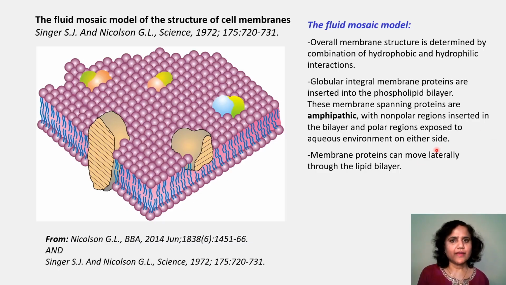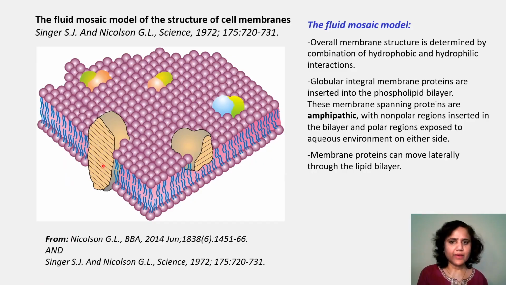The fluid mosaic membrane model of biological membrane structure was originally proposed in 1972 by Singer and Nicolson, and this is still a valuable model for understanding the membrane organization. According to this model, the overall membrane structure is determined by a combination of hydrophobic and hydrophilic interactions.